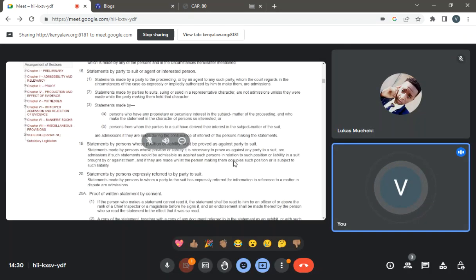Oh, sasa nimerudi back. So ukiangalia definition ya hearsay, wanasema it refers to testimony, evidence given in court by a person other than the person who perceived it for the purpose of proving or disproving the truthfulness of the fact in question. So I believe hiyo ndo definition tu ya hearsay, inatolewa na mtu mwenye perceive hiyo fact in question, na yet anajaribu kuprove and disprove the truthfulness of the fact.